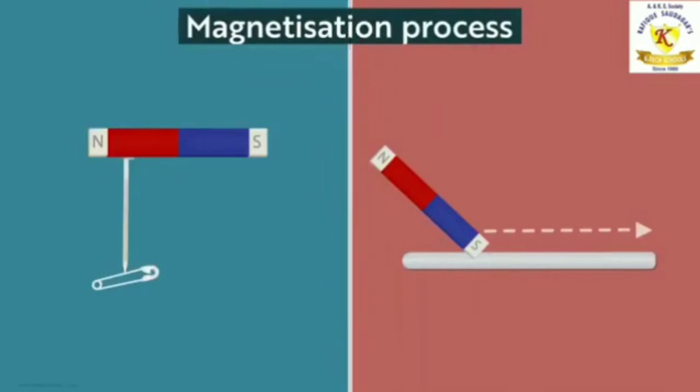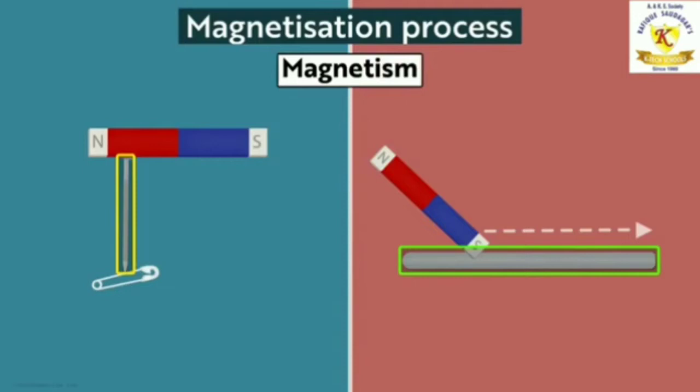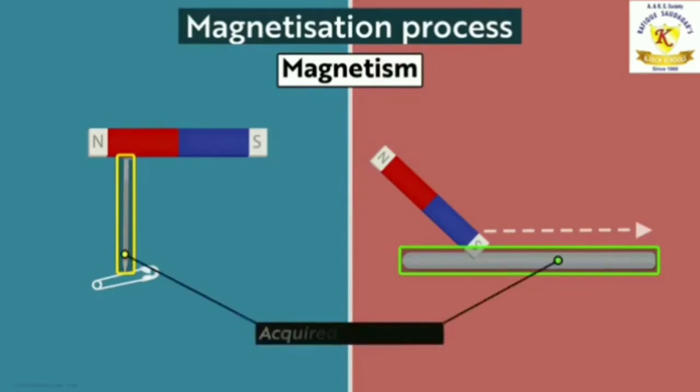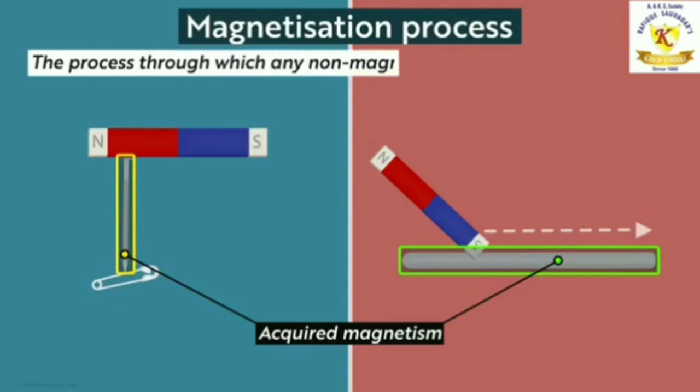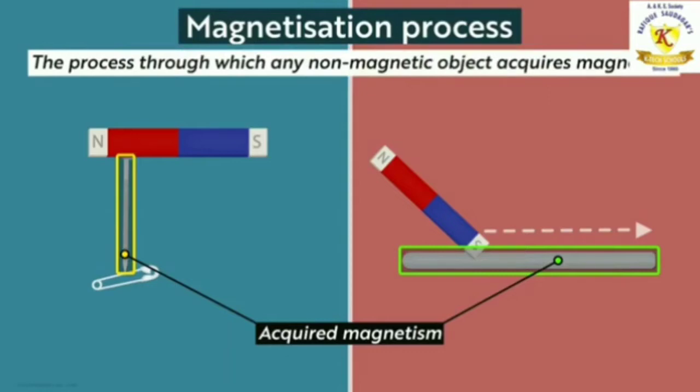Look at these examples we saw. What is happening here is that the two objects are acquiring magnetism through these processes. So, these objects weren't magnets. They acquired magnetism. This process through which any non-magnetic object acquires the property of magnetism is called magnetization.